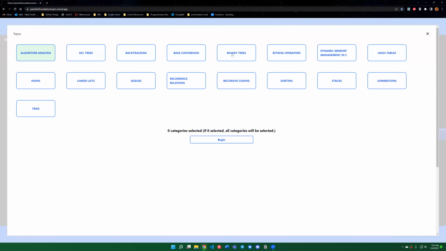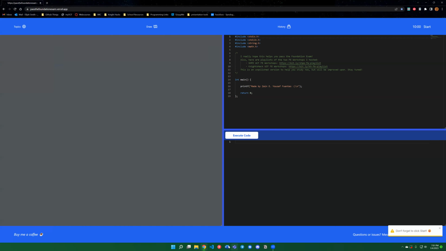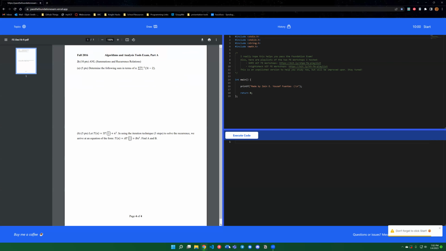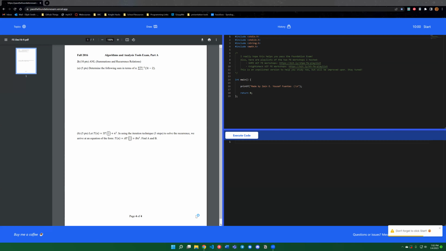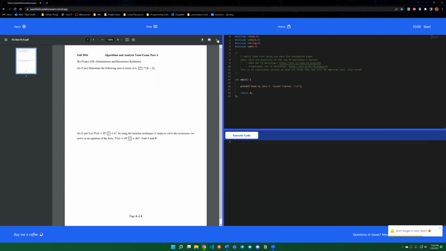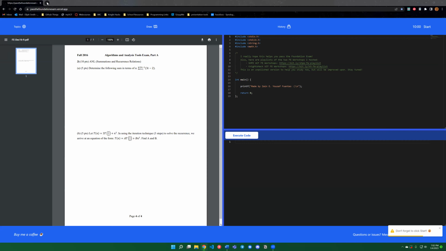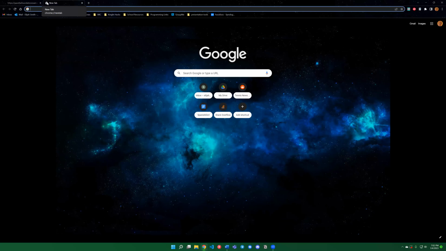And we're going to start with summations. In order to talk about this, I want to first bring you over to the formula sheet.